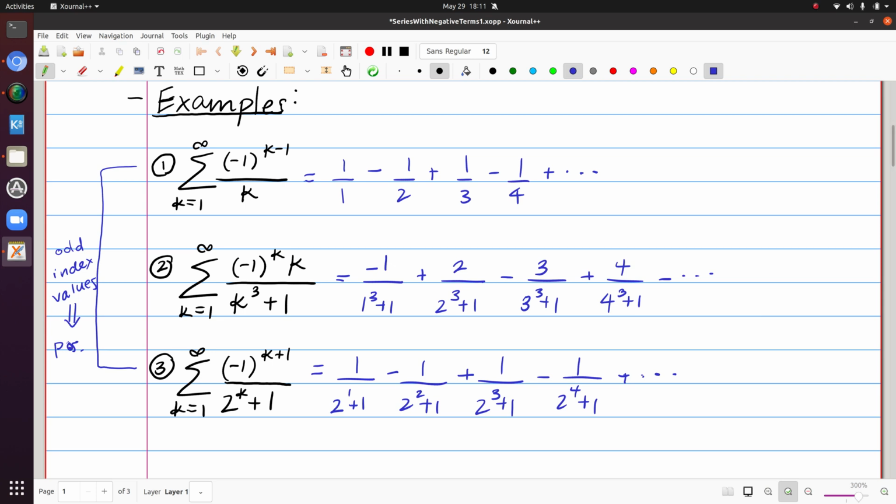Whereas for this middle case, it's even index values that give us positive terms. But regardless, these are all examples of alternating series. And the key thing that you're going to look for when you suspect that you have an alternating series is -1 raised to something of this sort.